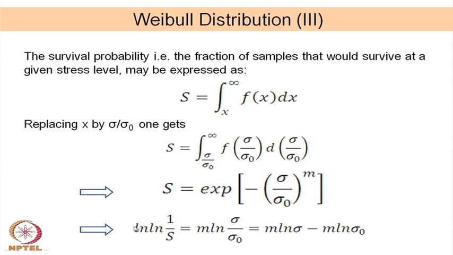If you take a double logarithm of that, and then an inverse, because there is a minus in the exponential, you will get a relationship like this: m ln sigma by sigma 0 equals m ln sigma minus m ln sigma 0. This expression becomes a linear relationship. So, if you plot this item against ln sigma, you will get a straight line.